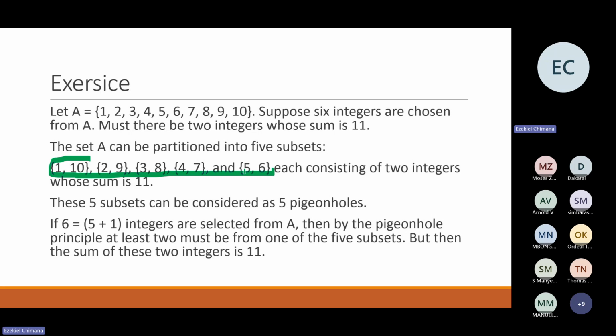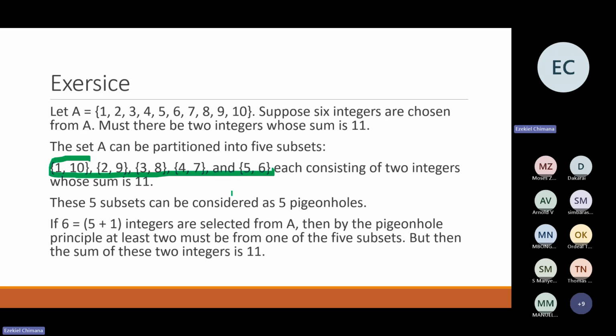Okay. So we are saying if you are going to choose 6 numbers, among those numbers there must be 2 integers whose sum is 11. So how do you prove that? If you are trying to choose numbers from this set, you can choose the first 5.